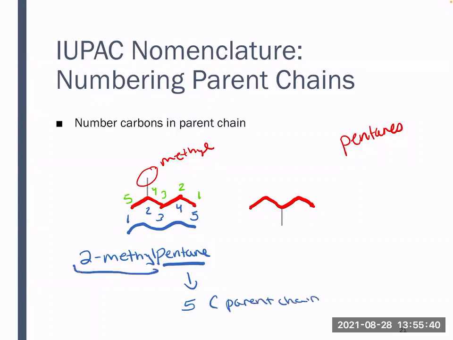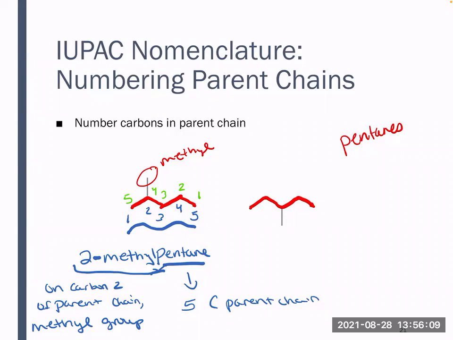And the 2-methyl is telling you that on carbon 2 of the parent chain, there's a methyl group. And to review again, between a number and a letter, there's a dash, and there are no spaces in the name. So it's all one word.